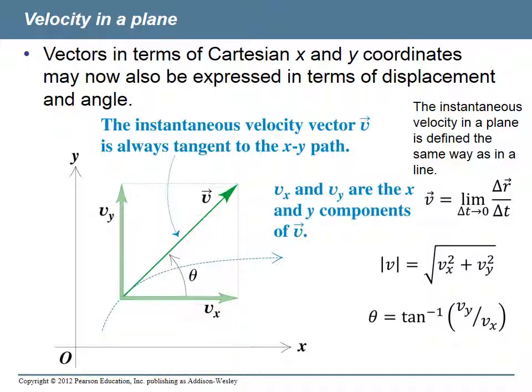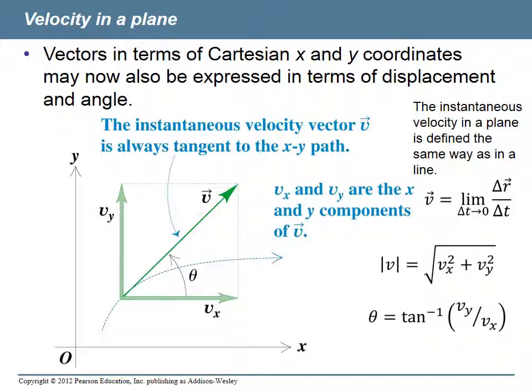So you see these are the components of this velocity vector. The magnitude then is simply the square root of the sum of the squares of the individual components. So vx squared plus vy squared, take the square root of that, you get v. You can see the triangle here and hopefully see the Pythagorean theorem from that. That's where the magnitude of the velocity comes from.